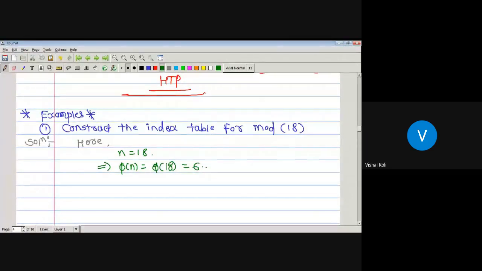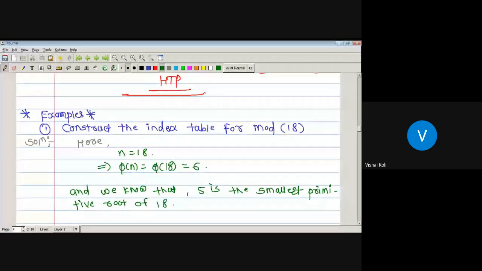Okay, and among these integers 1 is not a primitive root and 5 is the smallest primitive root of 18. Now we have to find out the power of 5.